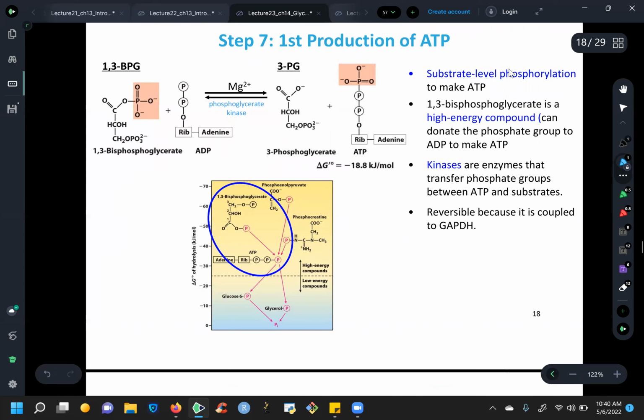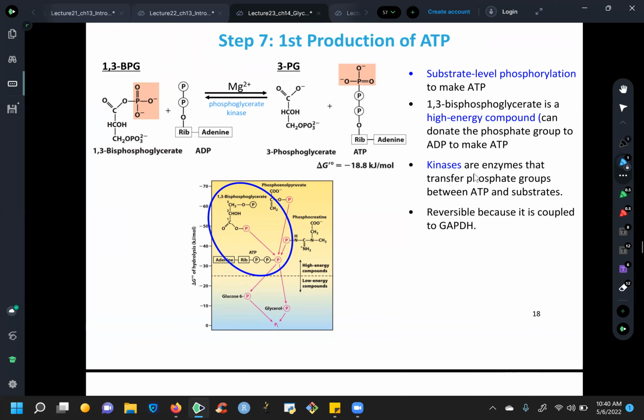This is substrate level phosphorylation because our substrate is 1,3-bisphosphoglycerate. We're stealing the phosphate from it and giving it to ADP in order to make ATP. So 1,3-bisphosphoglycerate is a high energy compound and can donate the phosphate group to ADP to make ATP.